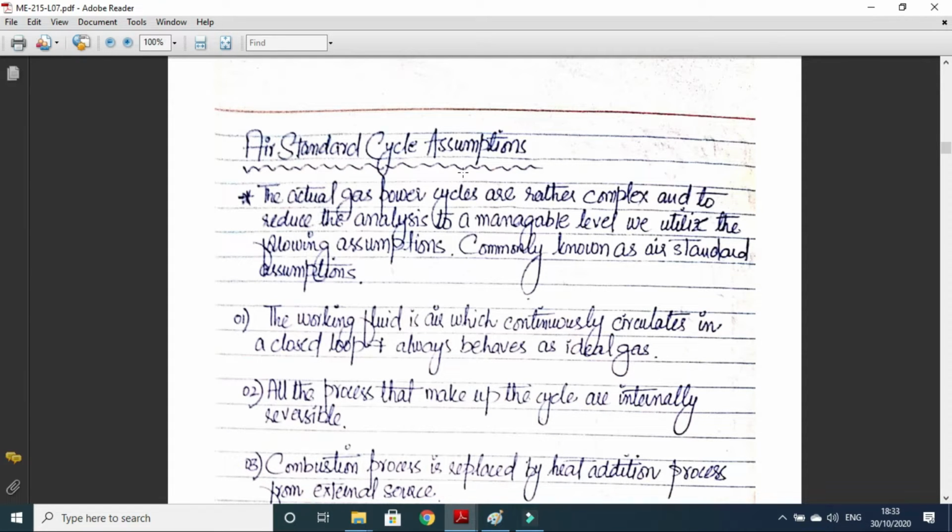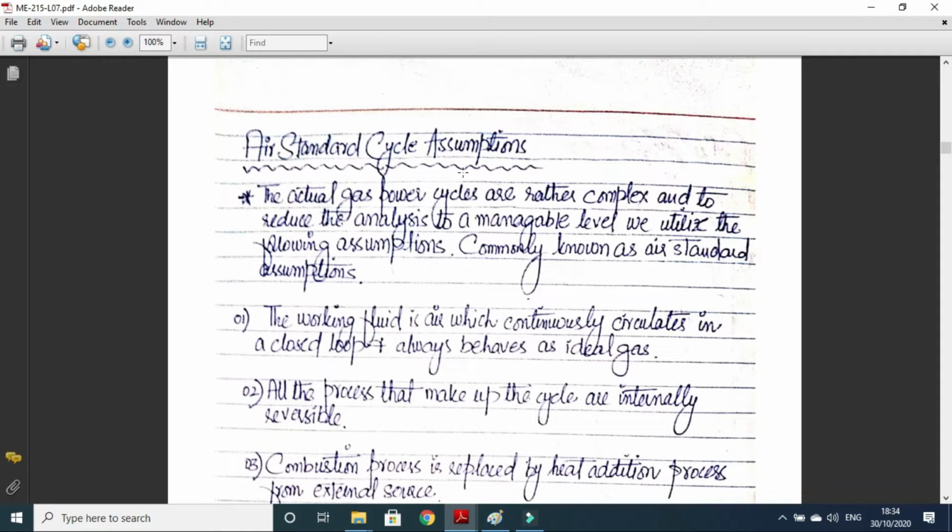But the disadvantage is that the efficiency and the other parameters of the idealized cycle will not be equal to those of the actual engine. The efficiency of the ideal cycle will be higher than the efficiency of the actual engines, because in idealized engines we are ignoring all the losses. We are ignoring the pressure losses, heat losses, and the frictional losses, and all other losses.